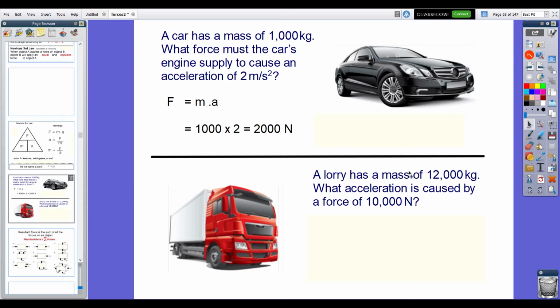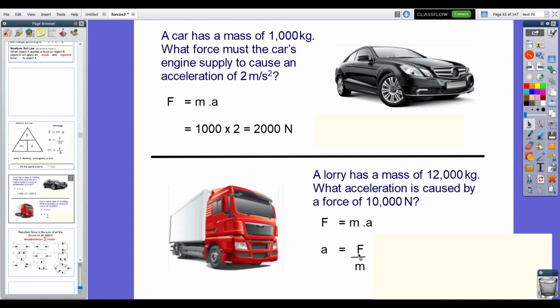A lorry has a mass of 12,000 kilograms. What acceleration is caused by a force of 10,000 newtons? Well, follow the method, please. F equals ma. Now let's rearrange that, because we need to calculate the acceleration: a equals F over m.